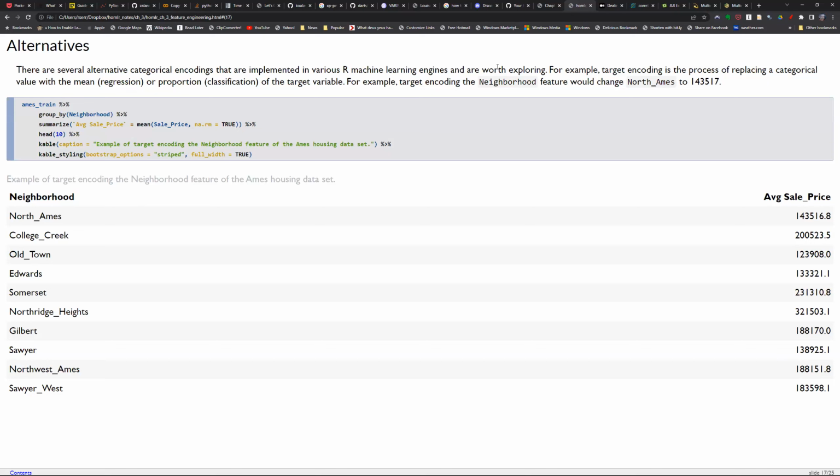But if the number of variables that you're going to get from that encoding is reasonable, then it's the go-to method. Then we have label encoding, which is a numeric conversion for those categorical variable levels.